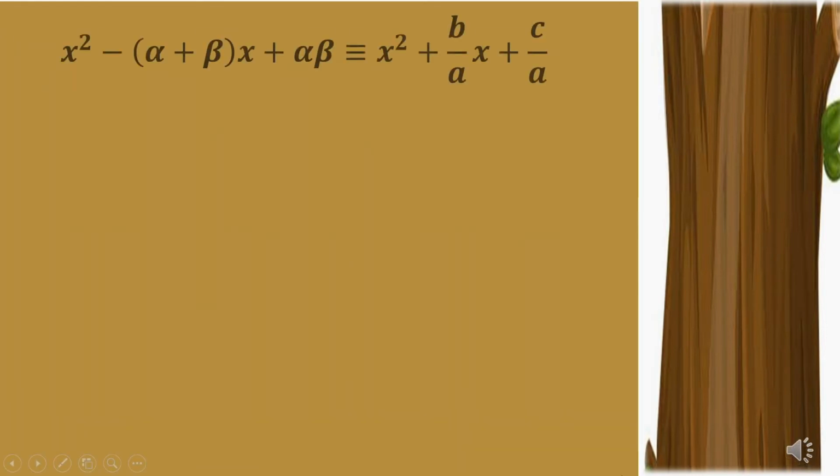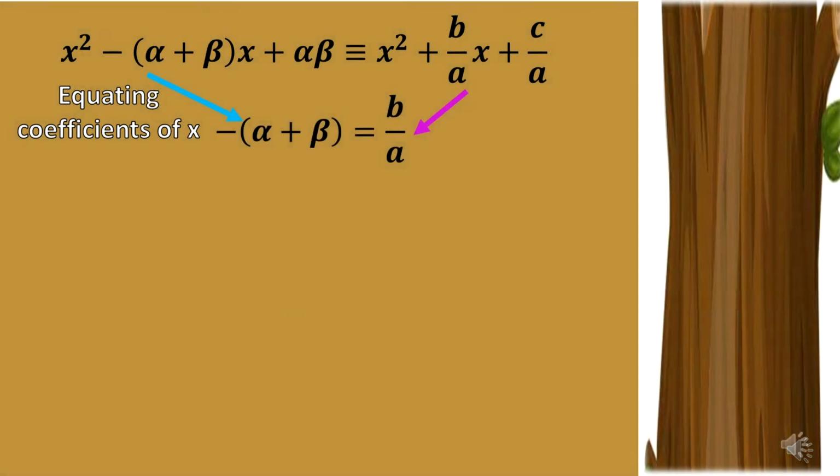Now, let's look at the middle term in both equations. Equating the coefficients of x gives negative (alpha plus beta) is equal to b over a. By multiplying both sides by negative, we will have alpha plus beta is equal to negative b over a.